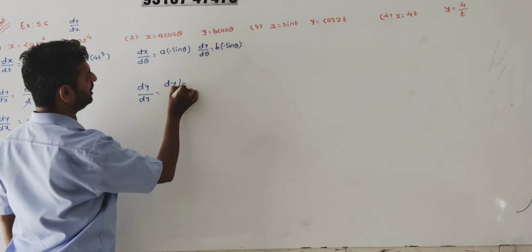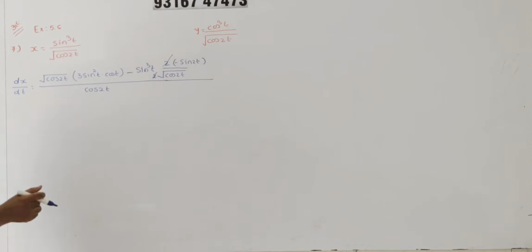Cos 2t derivation is minus sin 2t and 2t derivation is 2. Again, root x derivative means 1 upon 2 root x. So 1 upon 2 under root cos 2t. In place of x we have assumed cos 2t. So cos 2t derivation is minus sin 2t and 2t derivation is 2. So this and this are gone.